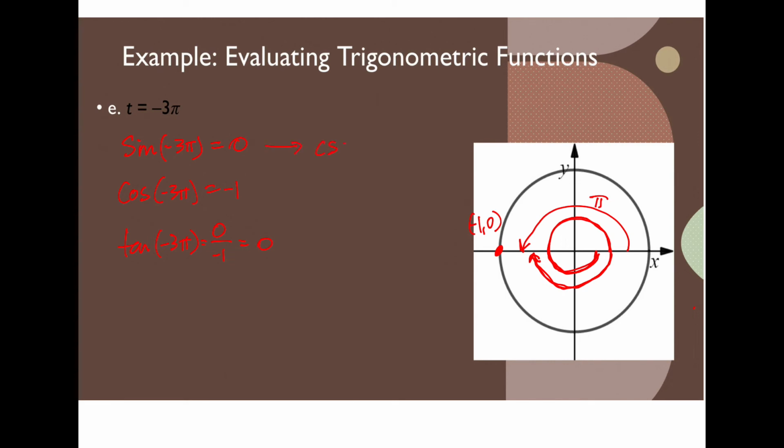Meaning that cosecant of -3 pi is undefined. The secant of -3 pi is -1, and the cotangent of -3 pi is undefined as well. Two undefineds are cotangent and cosecant.